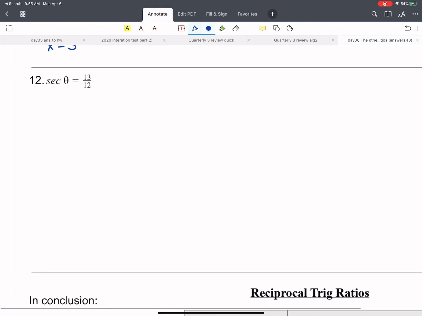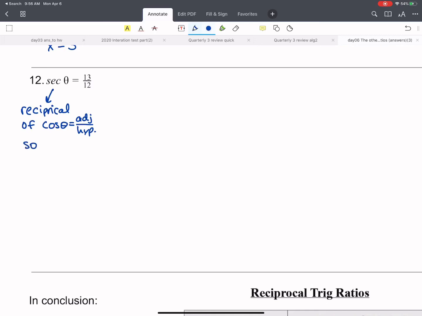One more. So this one is secant theta. I've got to remember it's the reciprocal of cosine theta, which is adjacent over hypotenuse. So secant theta is hypotenuse over adjacent.